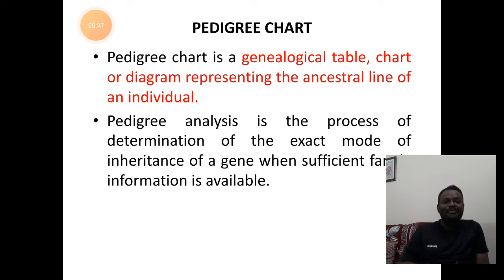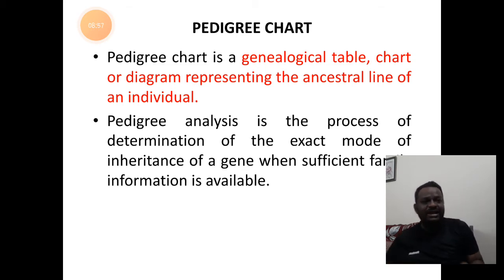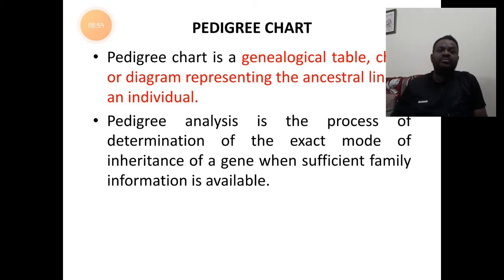In simple terms, a pedigree chart is a genealogical table, chart or diagram representing the ancestral line of a particular character in the given family. The process of determining the exact mode of inheritance of a gene in a family is what we call pedigree analysis.